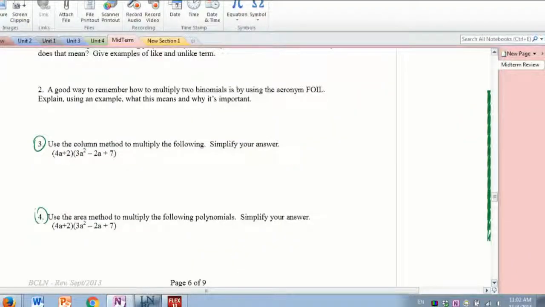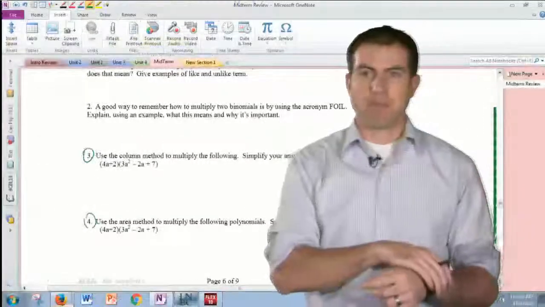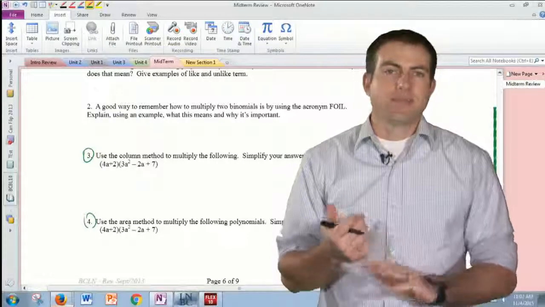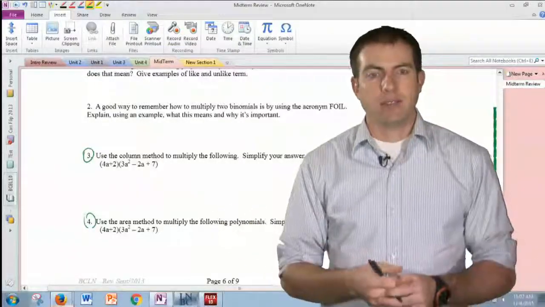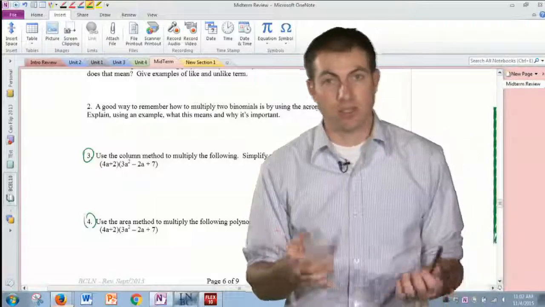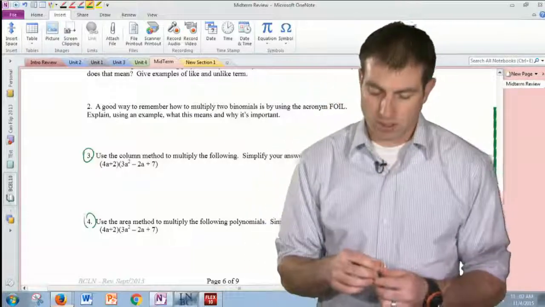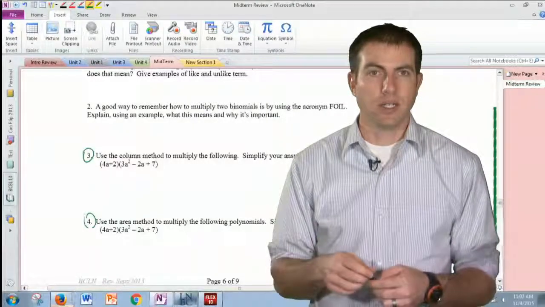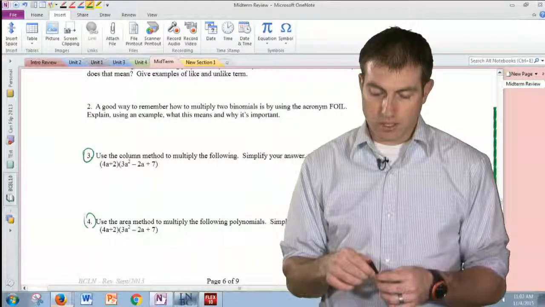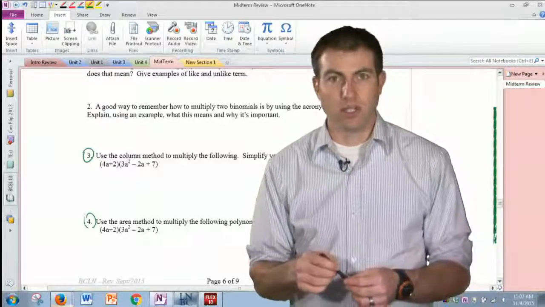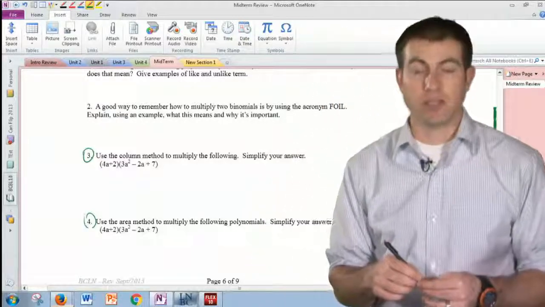And I mentioned this in the course. It's really one of these things where if you know how to expand, it doesn't matter how you're doing it. Now, the curriculum actually states that you should be able to do it using visual type examples, like using the column method and the area method. I personally don't see a lot of value in it, but if it helps you understand it, then perfect.